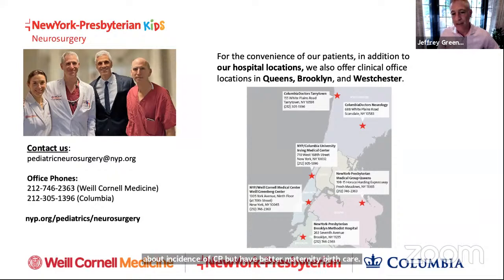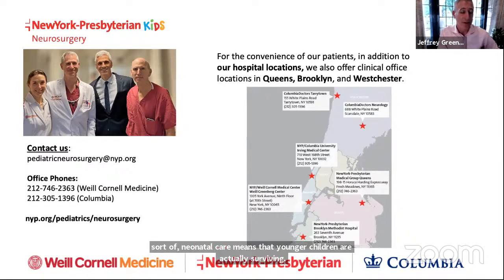I don't know if that was a setup or not, but I think that's probably not actually the case. I think part of better healthcare and better neonatal care means that younger and younger children are actually surviving when they previously wouldn't have.